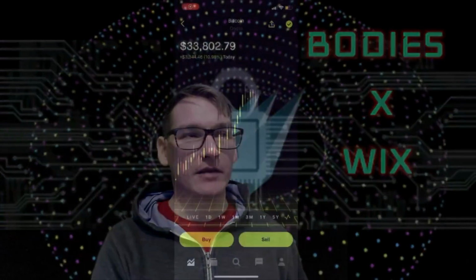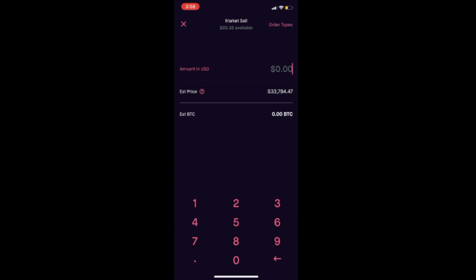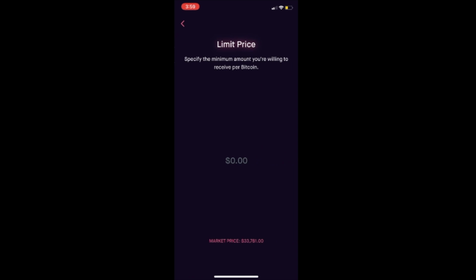One, you can use Robinhood. So let's take a look at this. With Robinhood, whenever you go in to purchase something, there's this thing that says limit order or order type in the upper right hand corner. Instead of purchasing $5, you can hit order type, hit limit order, and type in the price that you think it's going to go down to after you do your analysis.